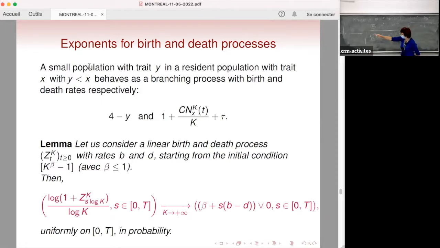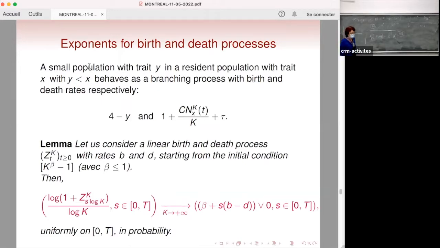Of course, here I speak about the trajectories, but if you take it on the time scale logarithm of K, that will give you K^(beta plus (b minus d)s). So the exponent is not surprising, but the proof of this convergence in probability uniformly in time is not so easy, and especially you have to control the possible extinction events. Since we did not make any assumption on b and d, b minus d can be negative. That's why we have this supremum with 0.